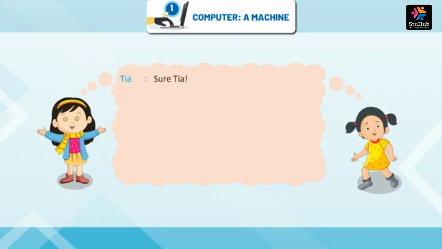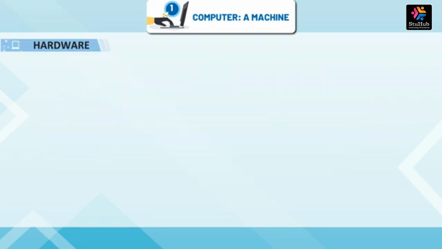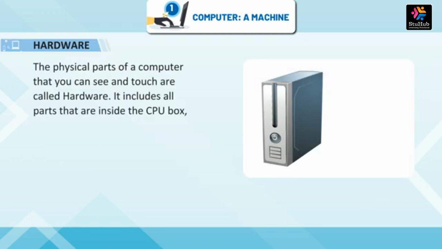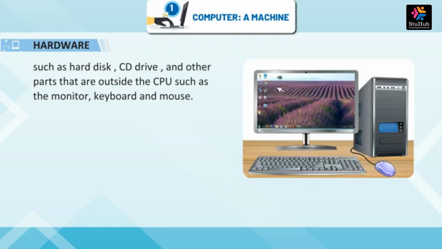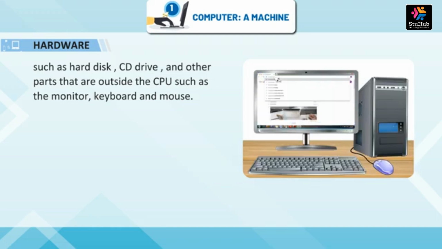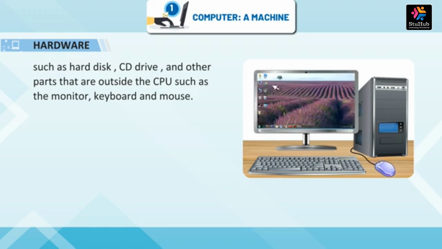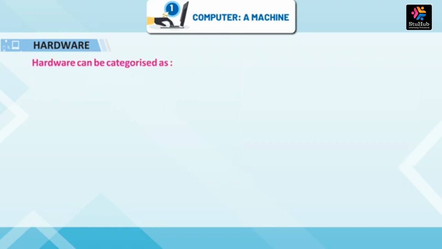Tia: Sure, Neha. Hardware. The physical parts of a computer that you can see and touch are called hardware. It includes all parts that are inside the CPU box, such as hard disks, CD drive, and other parts that are outside the CPU, such as the monitor, keyboard, and mouse.